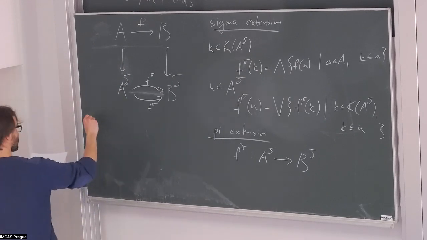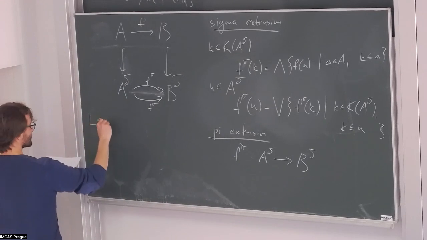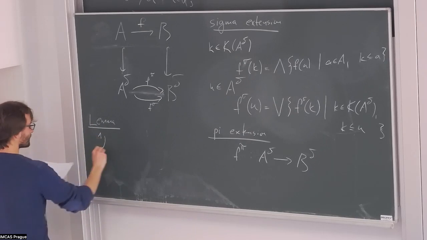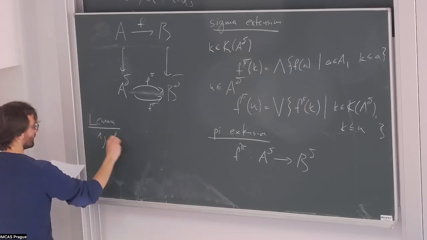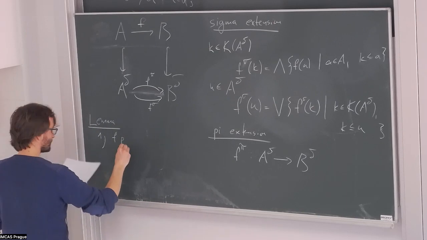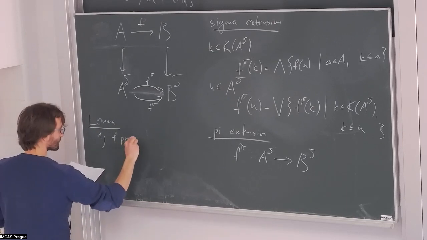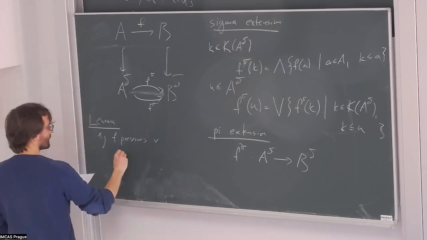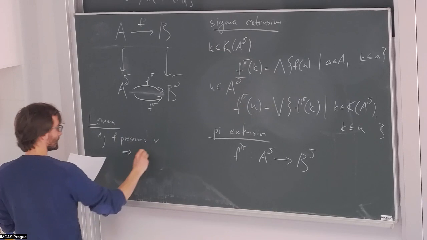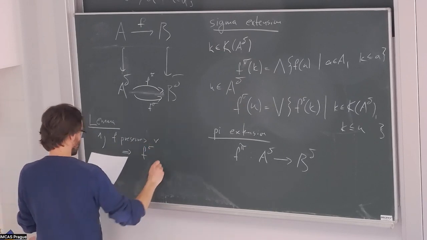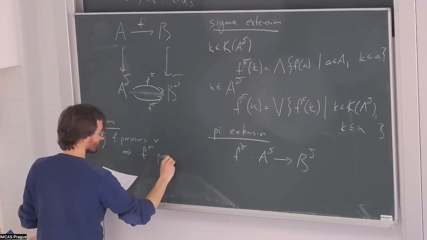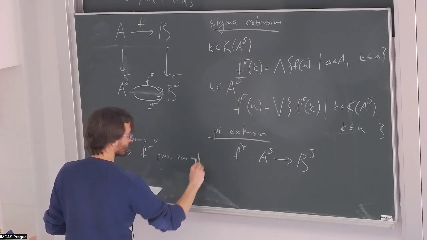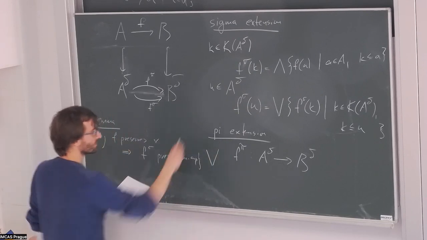And there are some very basic properties that we will need today. First of all, if F preserves binary joins, then the sigma extension preserves non-empty joins of any size.